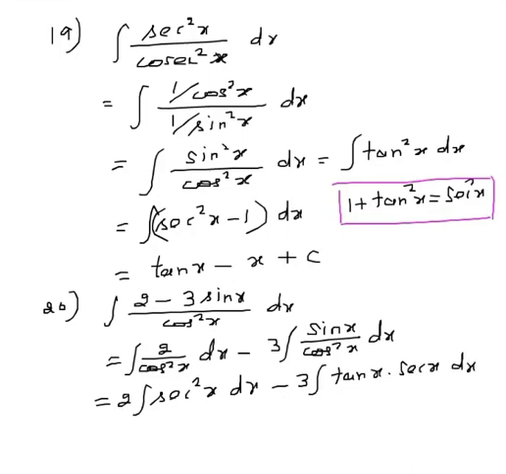We have direct formulae for both. The integral of secant square is tan x. So 2 times tan x minus 3 times the integral of secant x tan x is secant x, and plus c.